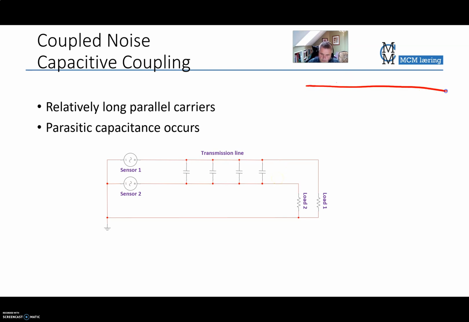If I have one conductor here and the other one down here, the gap would be too large for an electrical field to form.